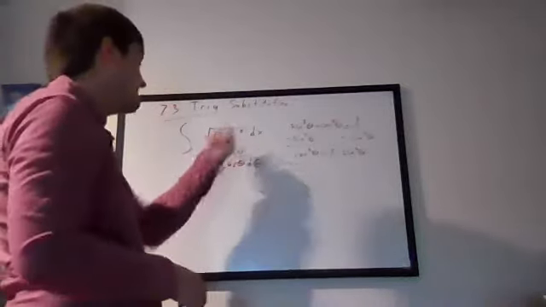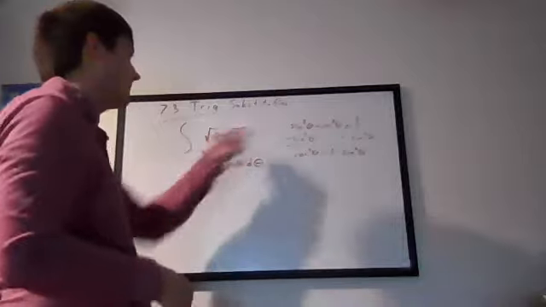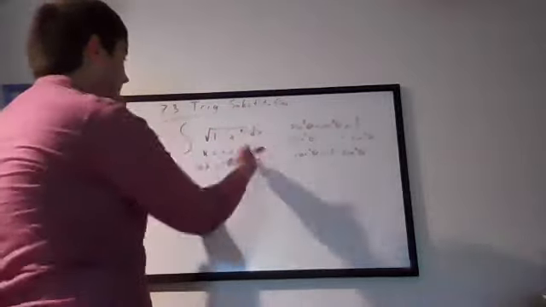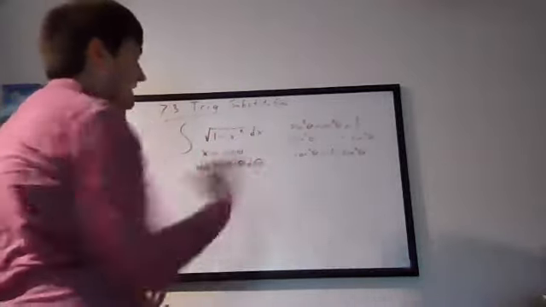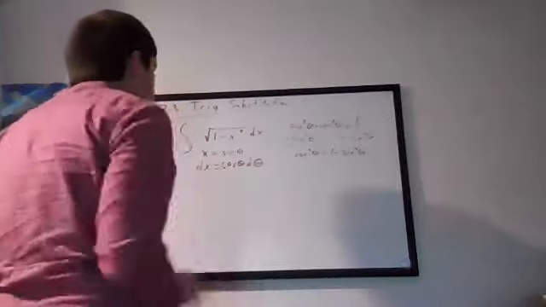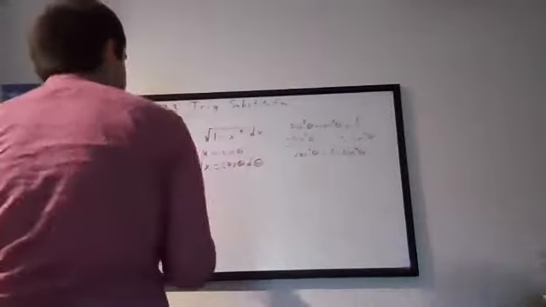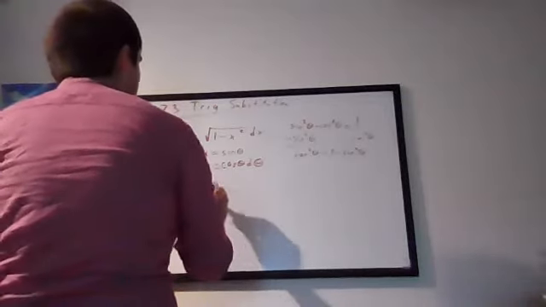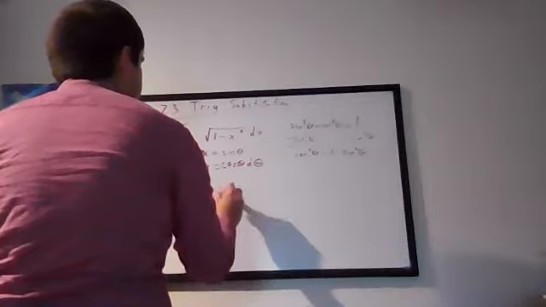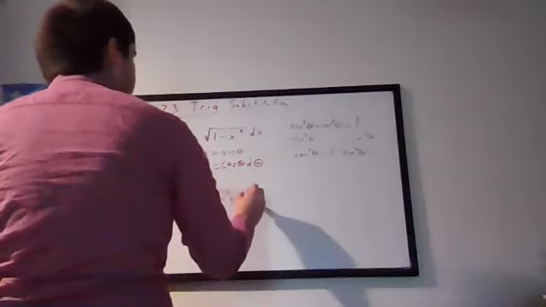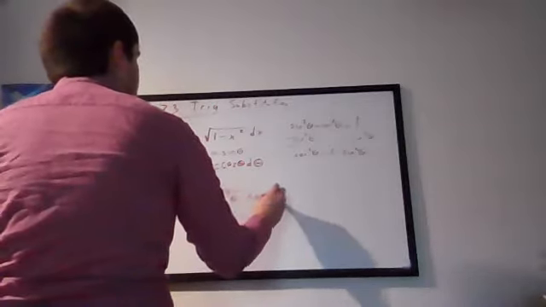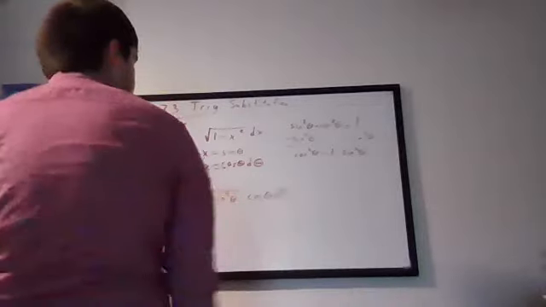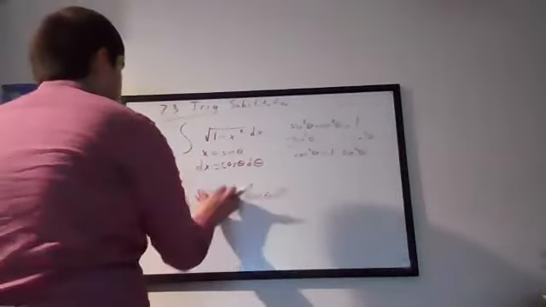I'm letting x itself be something. And so everywhere there's an x, or this dx part, I can easily replace it. So once I plug these things in, I'm going to be left with the integral of the square root of 1 minus sine squared theta, and then times cosine theta d theta. Okay, good.